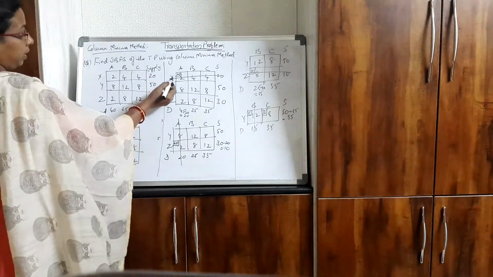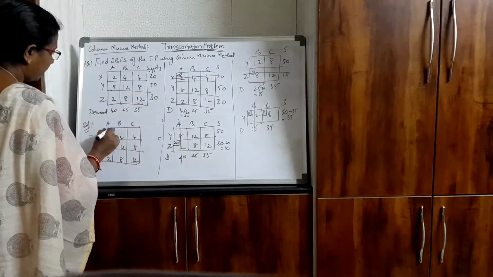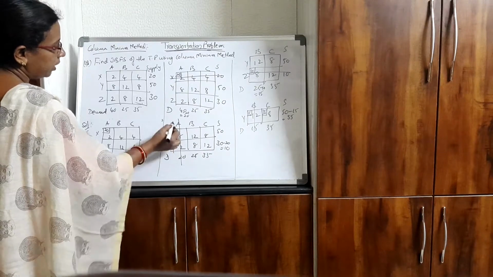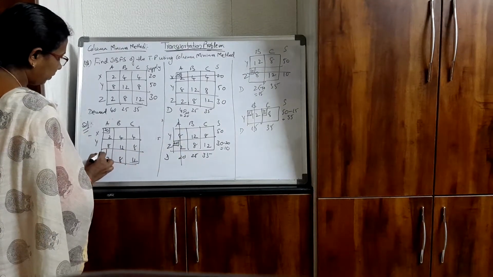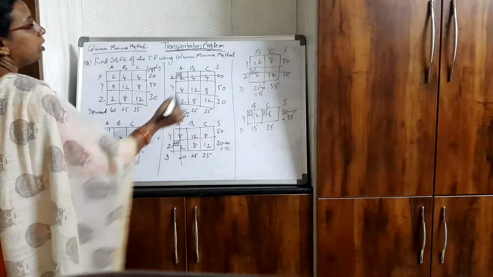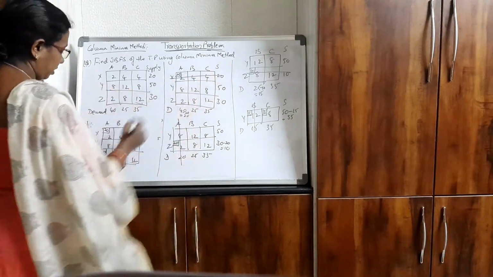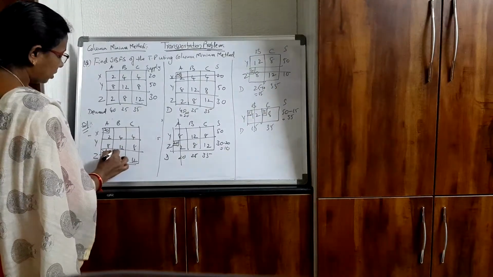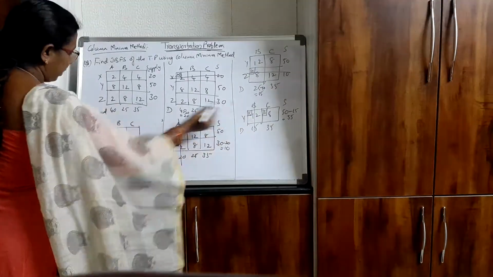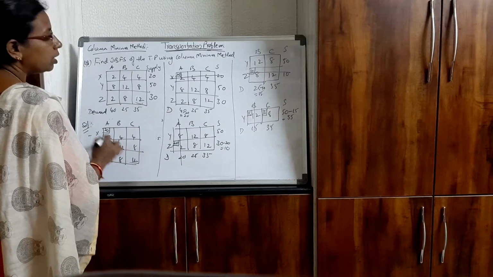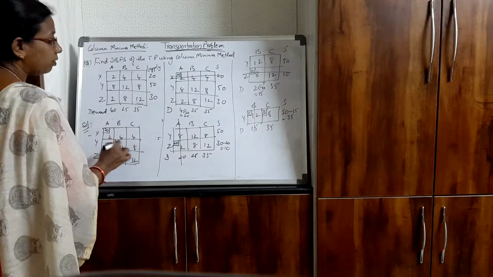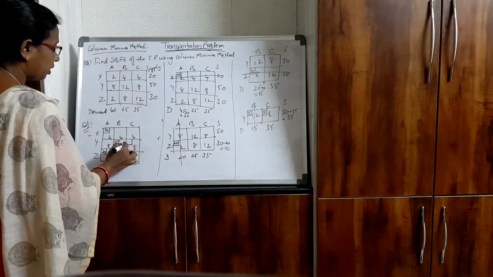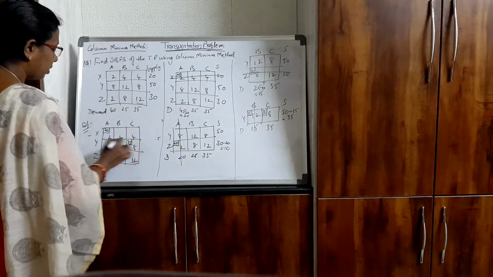The first allotment is at XA, so here I have 20. Second allotment is at ZA, which is again 20. Third allotment is at ZB, that means here I have 10. Fourth allotment is YB, here it is 15. Then the last allotment is at YC, which is 35.